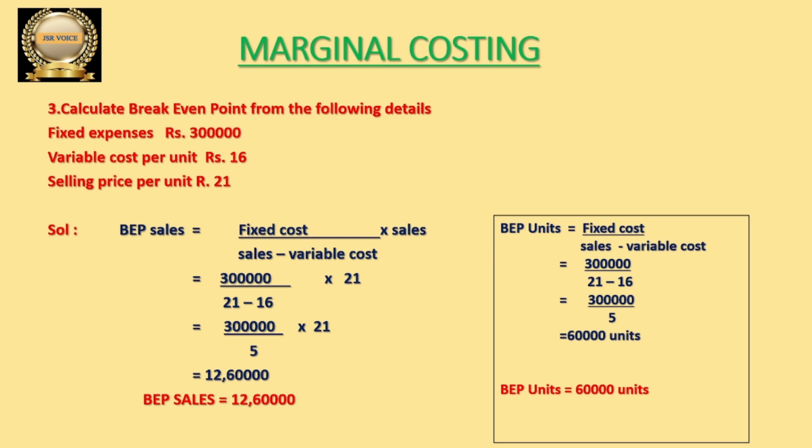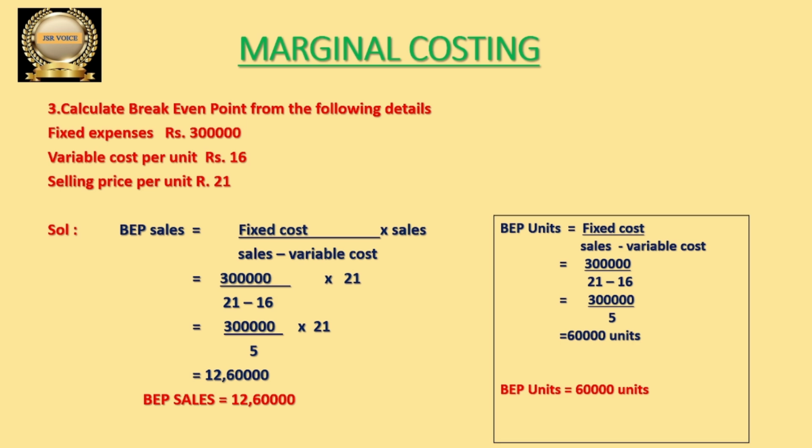So you can go through that. Then it will be easy for you to apply the formulas. So see here, BEP units is equal to fixed cost divided by sales minus variable cost. If we substitute the values, fixed cost 3 lakhs divided by sales, meaning selling price per unit 21, minus variable cost per unit 16.